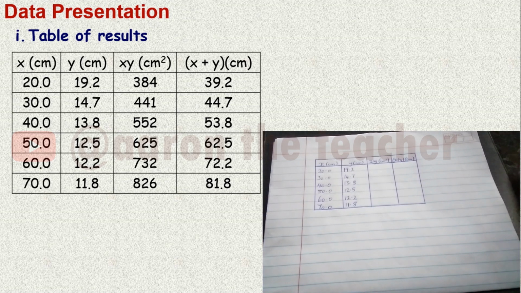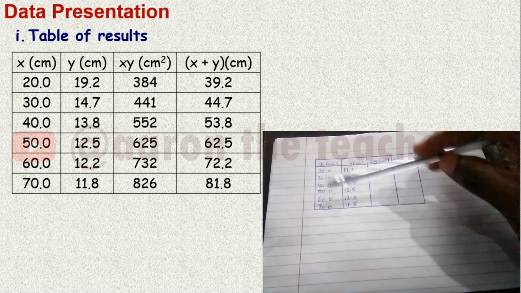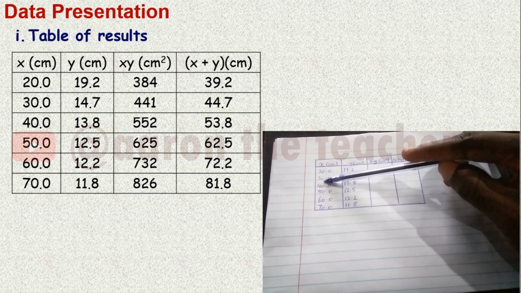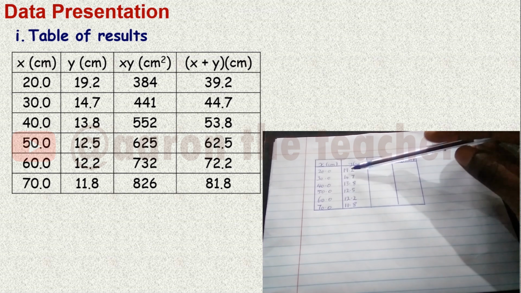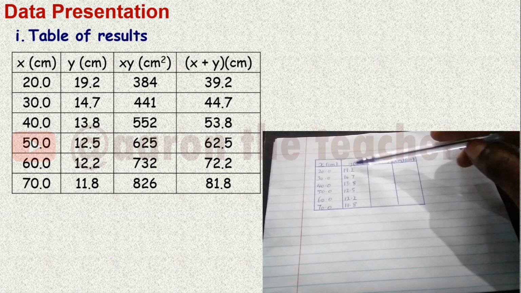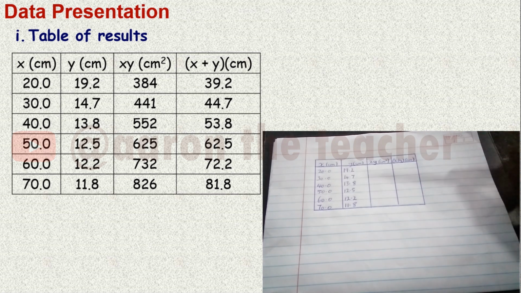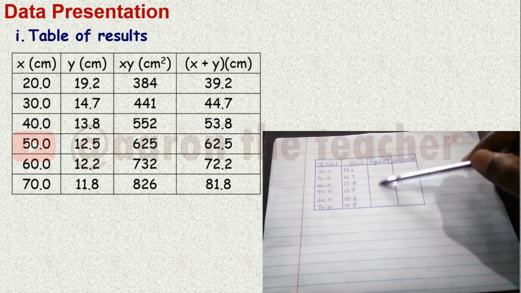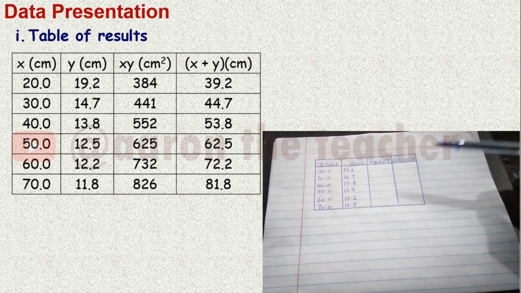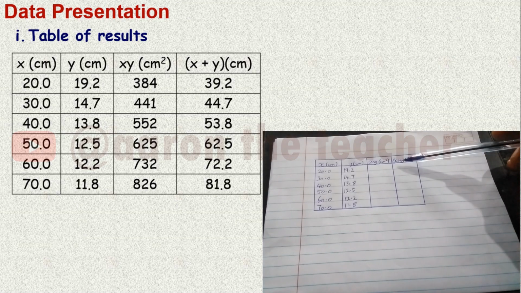Now here we are having our table. It is consisting of 4 columns, and the first column consists of the distance x, which we said was the object distance, and the distance y, which was the image distance. Then we shall add another column of x times y, which is the product, and another column of x plus y, which is the sum.